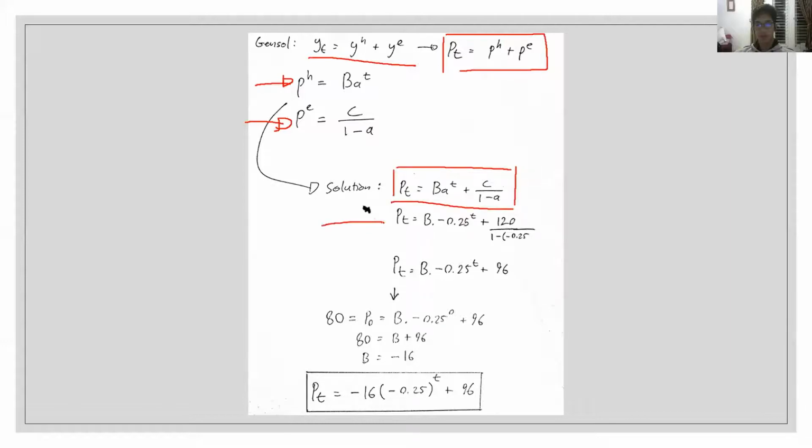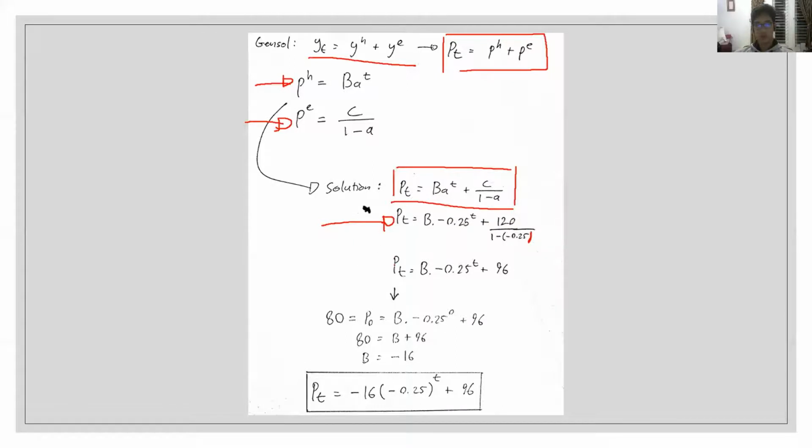And when we input all of our information in, it will become Pt equals b times (-0.25) to the power of t plus 120 over (1 minus (-0.25)). Sorry, there's a missing bracket there.